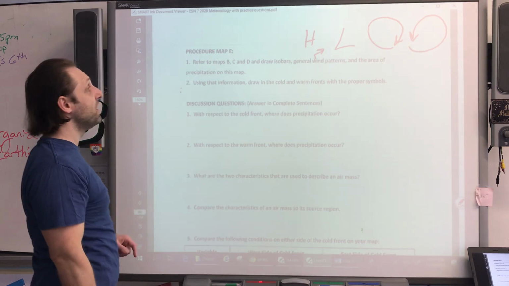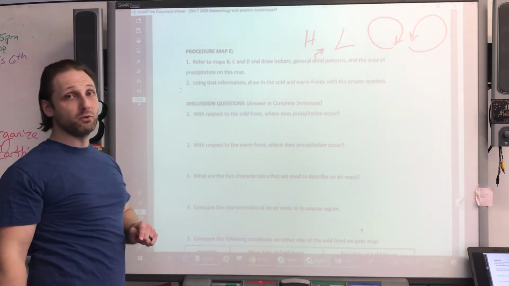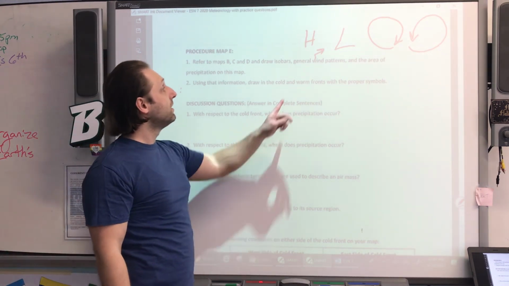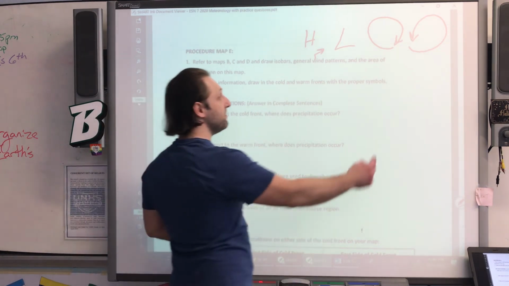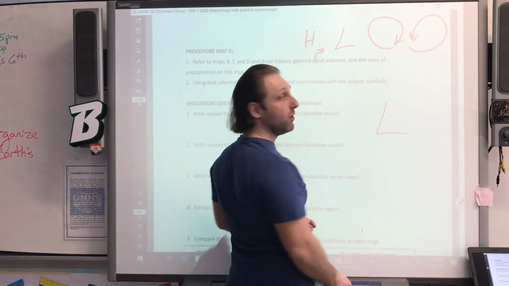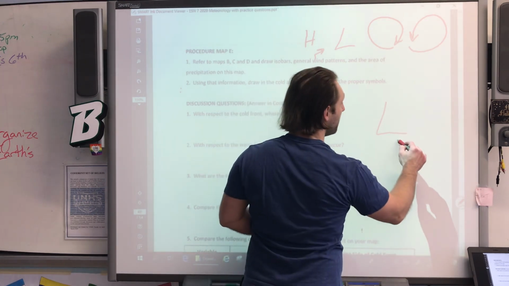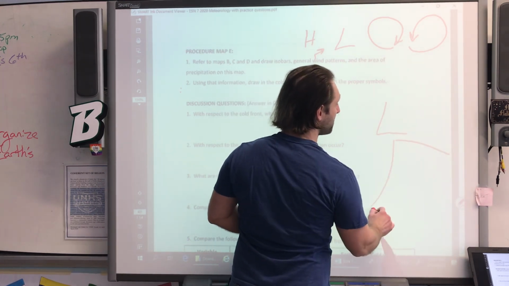With that information, you are then going to place a warm front and a cold front that stem out of your low pressure, like we saw in our practice notes.